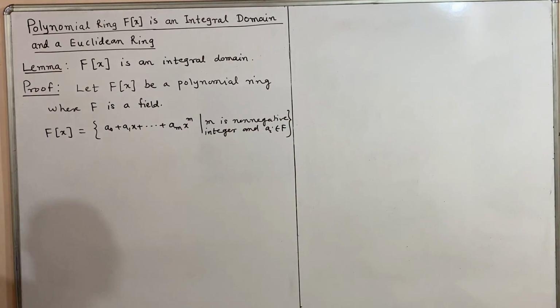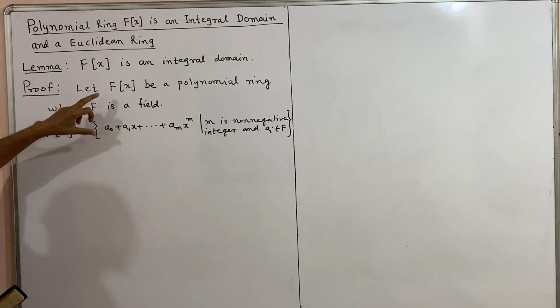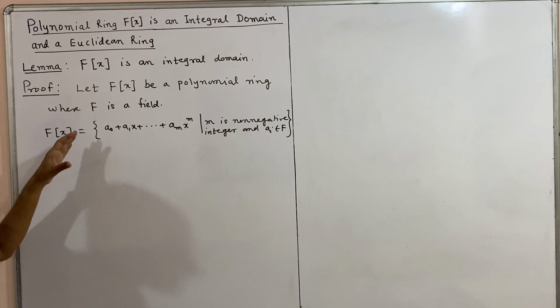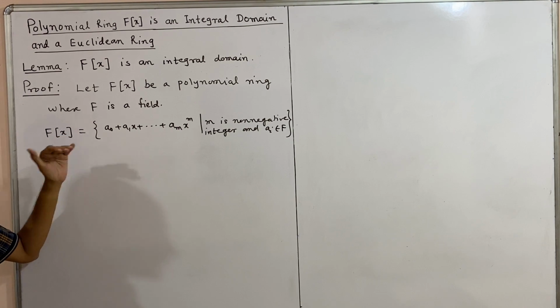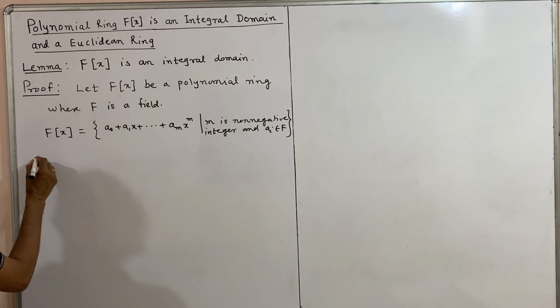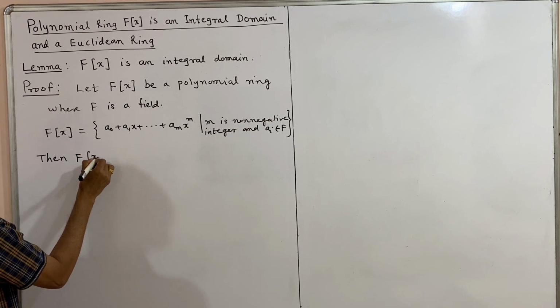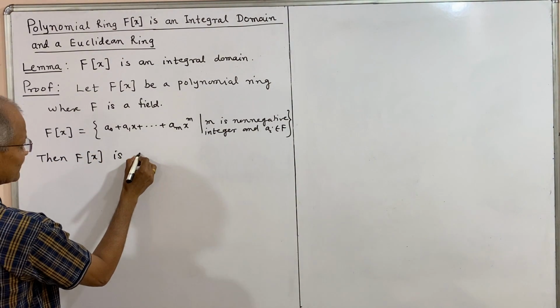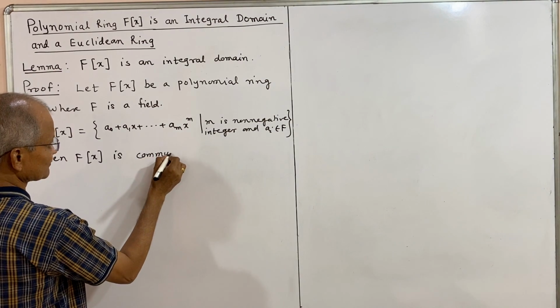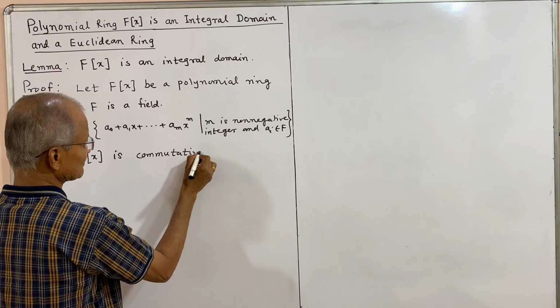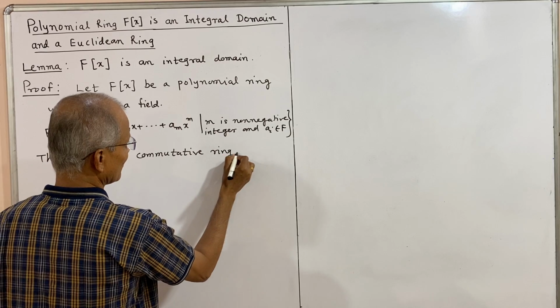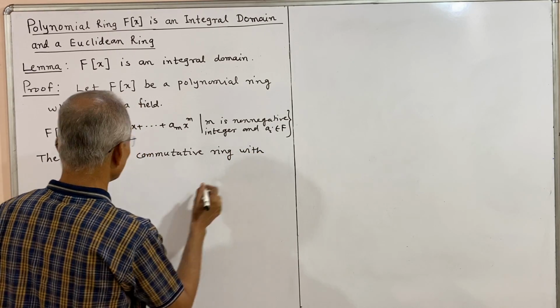So, this is the polynomial ring and we have earlier proved that this is a ring which is commutative and also having unit element. Then F[x] is a commutative ring with unit element.